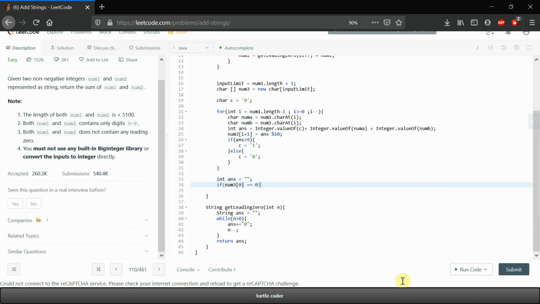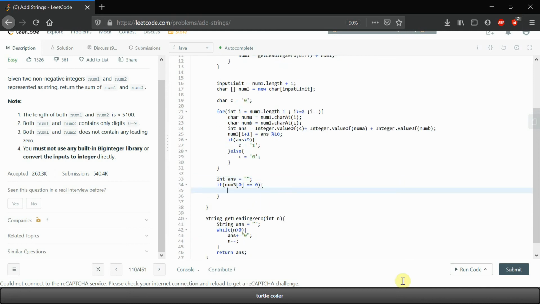Okay, and now I'm trying to consider if the first character is 0, character 0, then I have to skip it.